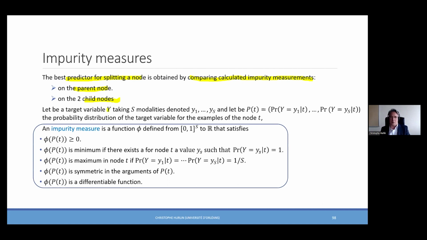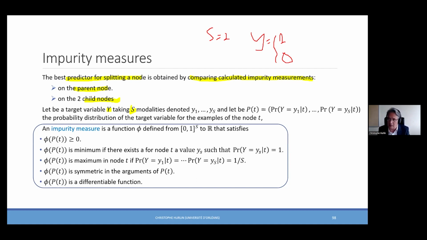Let me consider y, my target variable, taking S modalities. In general, let us simplify, for instance, with S equal to 2. Let us imagine that y takes only 2 values, 1 and 0. But I can produce a decision tree for a classification problem in which y takes 5 values, for instance 1, 2, 3, 4, 5.